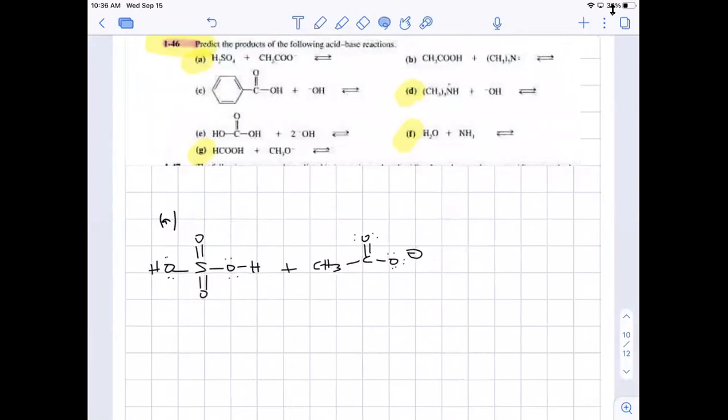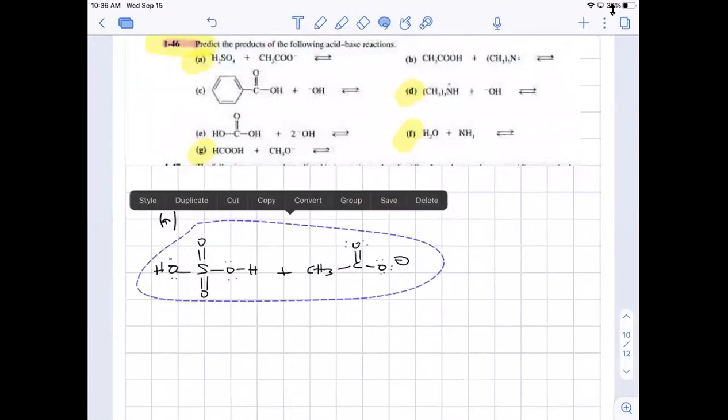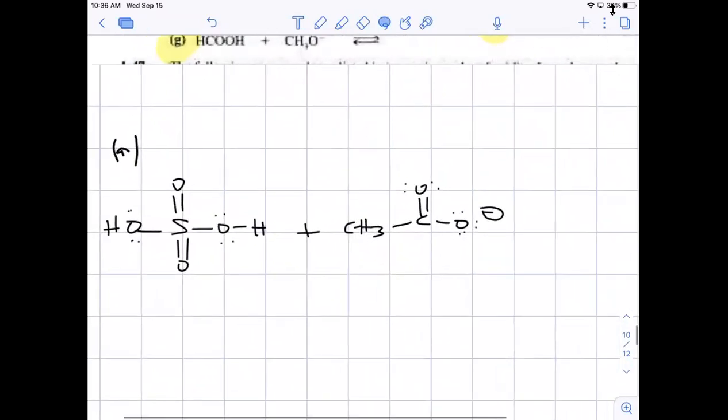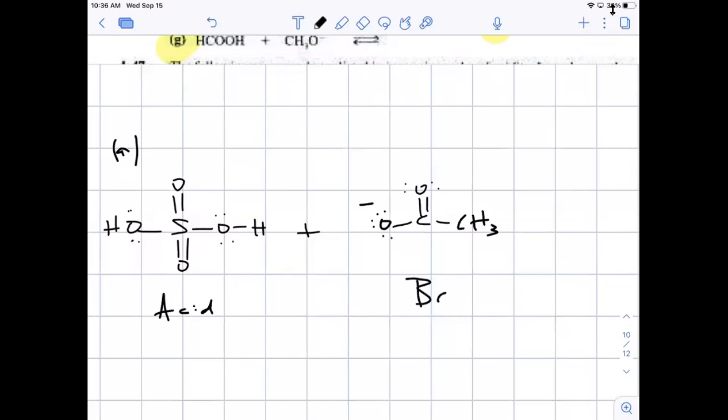So let's put the arrows in. Actually, let me flip this around and make this easier to see. All right, so this is my acid. This is my base.